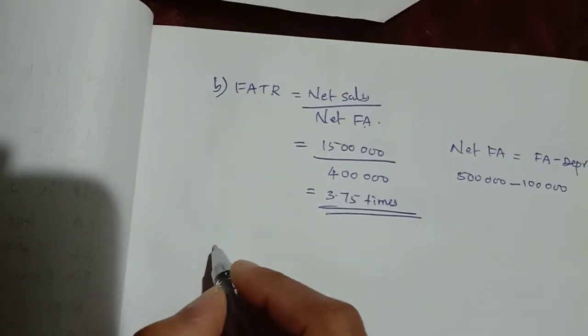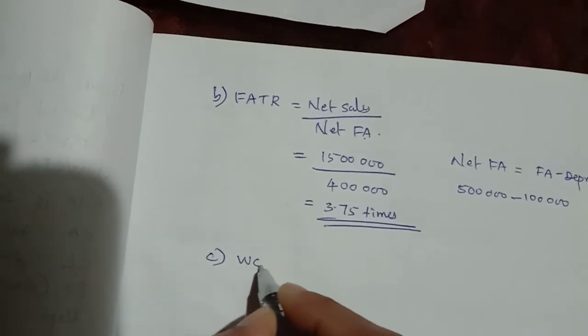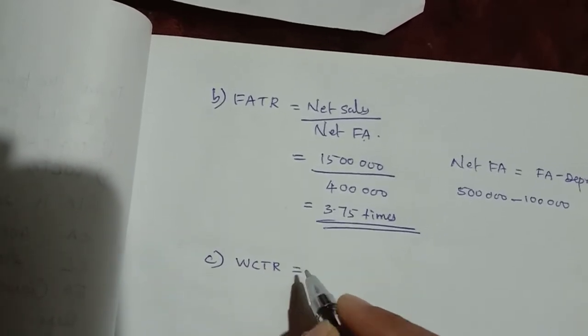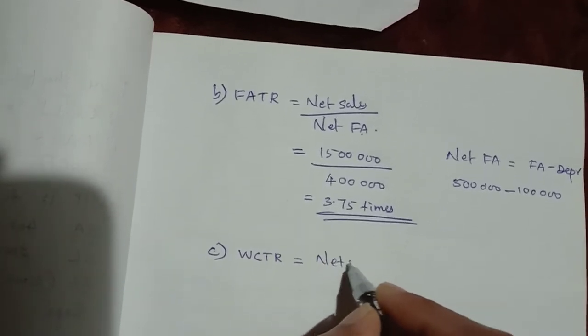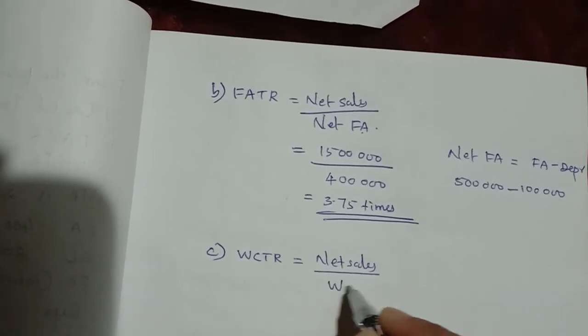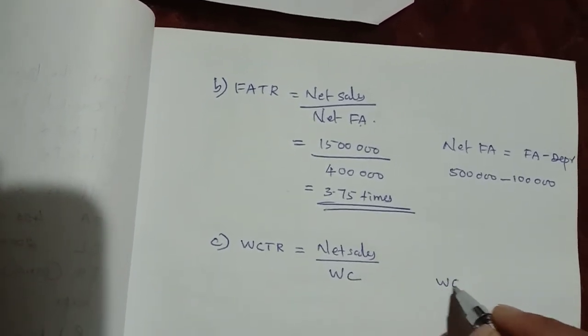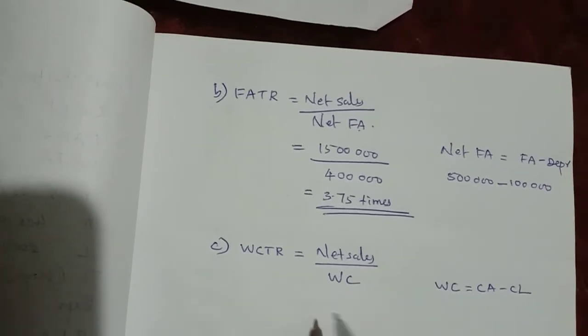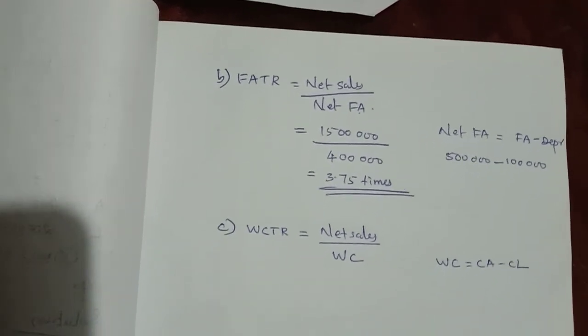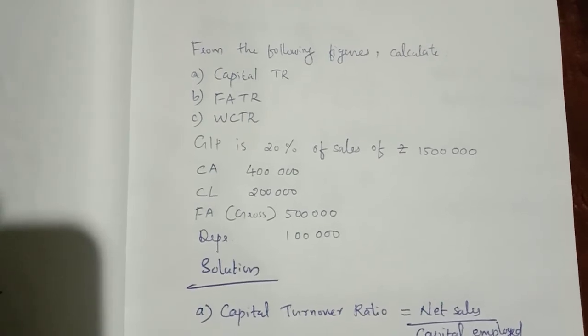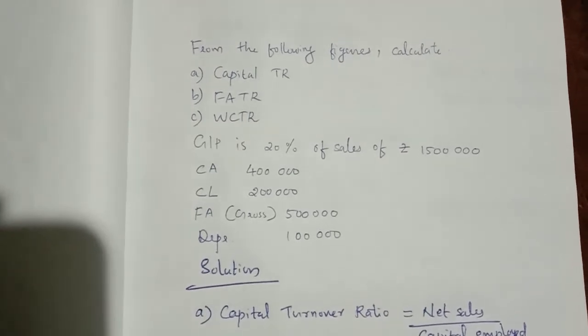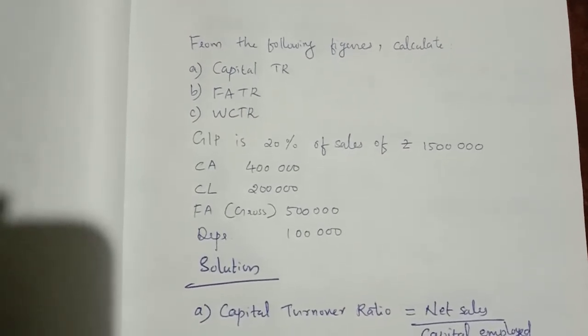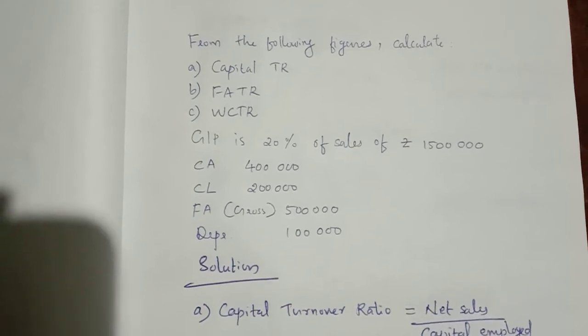And the last one, the third one, is working capital turnover ratio, which is equal to net sales divided by working capital. Working capital is equal to current assets minus current liabilities. So here our current assets amount to rupees 4 lakhs, current liabilities 2 lakhs, working capital is equal to 4 lakhs minus 2 lakhs, 2 lakh rupees.